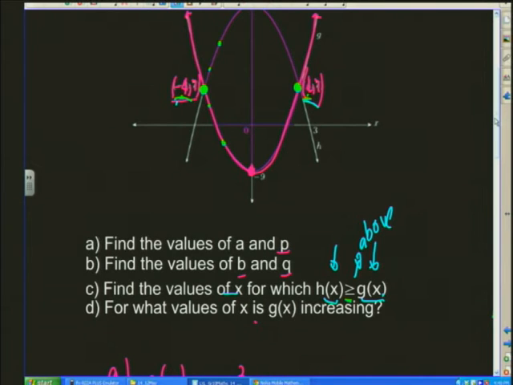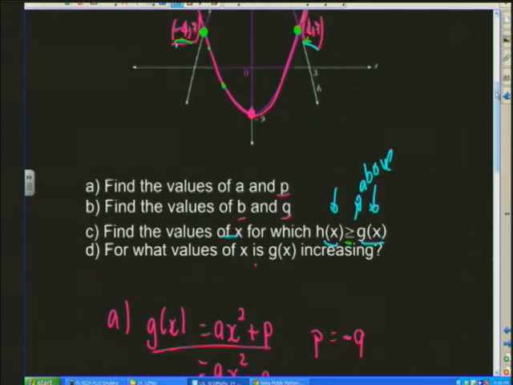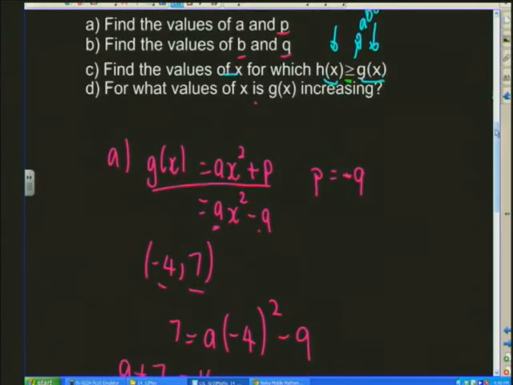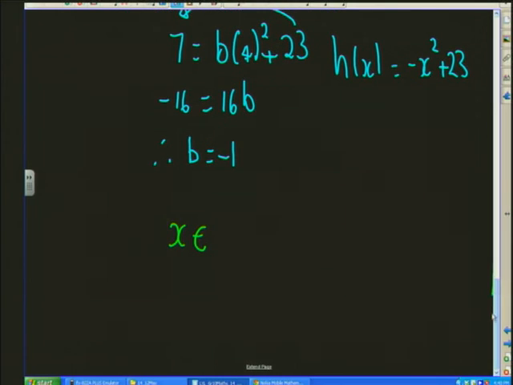All right, so they're equal to each other at those points. So what that means is that when we're using interval notation, if we're considering equal points, we need to use square brackets, because we're including those endpoints. So x is an element from -4 to 4. And anywhere in that interval, it is true that h of x is greater than or equal to g of x.